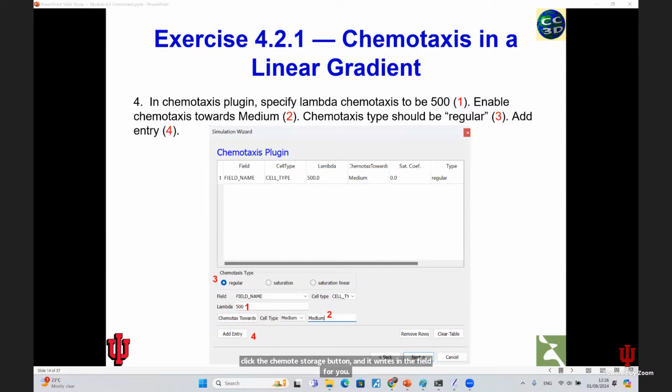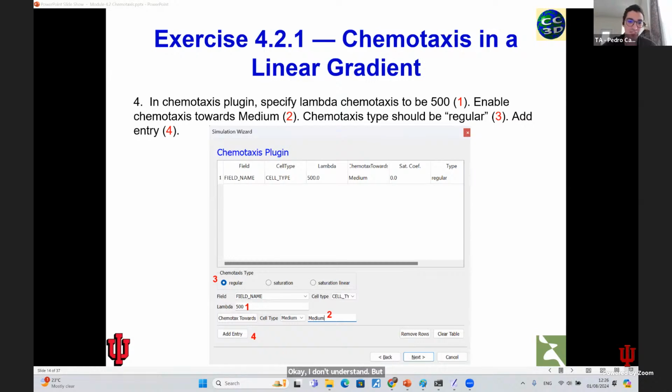Okay, I don't understand, but go on. Yeah, so to enable the chemotaxis towards medium, just type medium in that blank field and hit add entry.